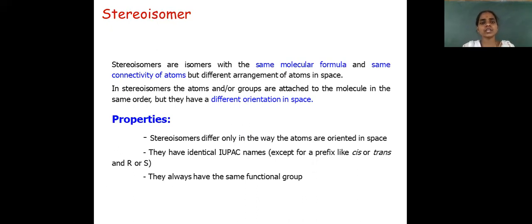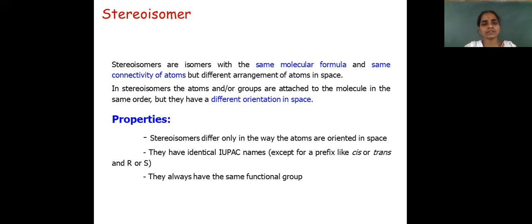And here, stereoisomers. What is meant by stereoisomers? Stereoisomers are the isomers or compounds which have the same molecular formula but a different arrangement. Spatially, how they are arranged in a molecule, that spatial arrangement is differing between the two isomers.